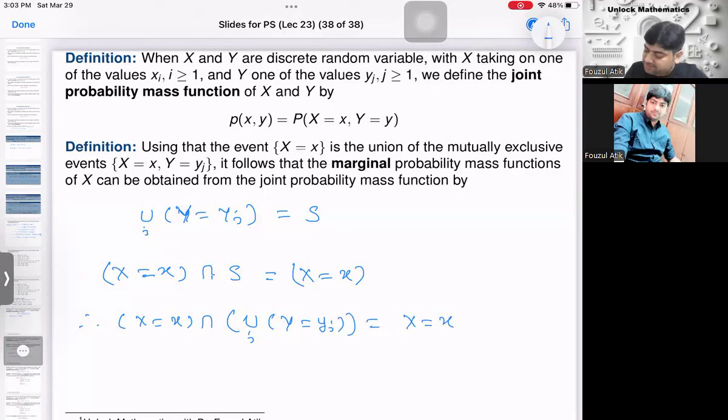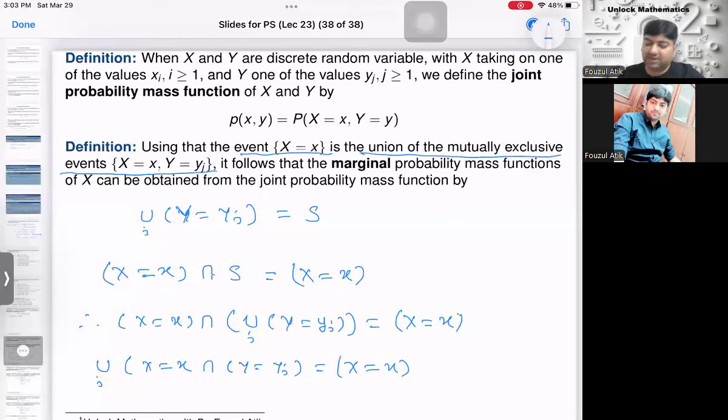And therefore, this is an event which I can write by the property as x is equal to x intersection y equal to yj. This is the event x is equal to x. Now this line says that the event x is equal to x is the union of mutually exclusive events x is equal to x comma y equal to yj. Right? So this is this event.